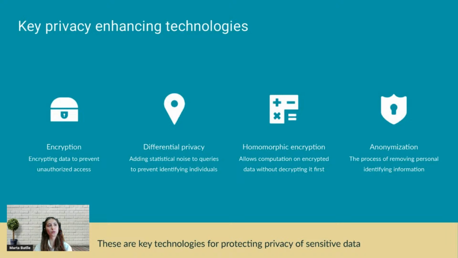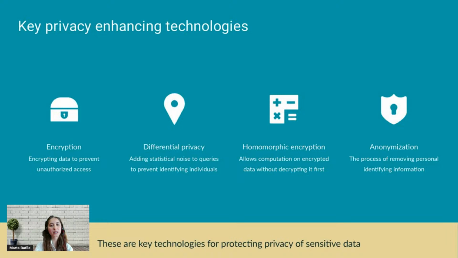And again, if it was not clear, these are technologies that organizations use to ensure that your data cannot be stolen or this data cannot be traced back to you. Okay, so if we have our data encrypted, it is much more difficult that anybody could actually access your data. We also have differential privacy, which is a technique that adds noise to the data to preserve privacy, but it allows meaningful analysis.